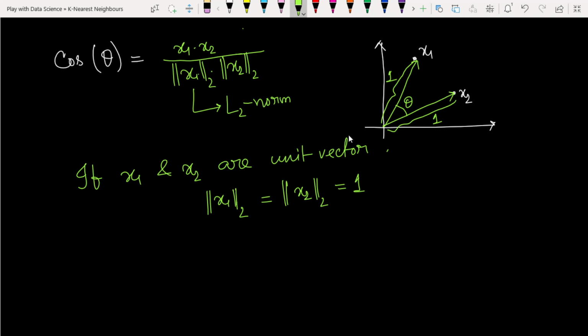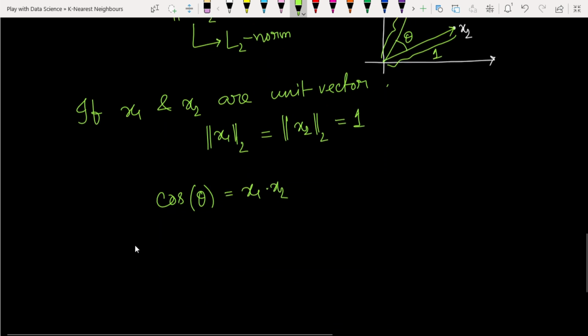If we take these two vectors as unit vectors, then our cos theta formula will be simply x1 dot x2, since the denominator is 1. This is the simple formula for cos theta for unit vectors.